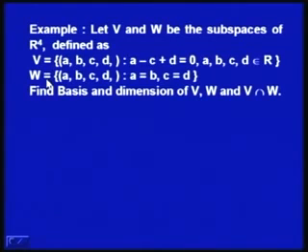The other subspace W is equal to (a, b, c, d) following this constraint: a is equal to b and c is equal to d. So, the question is find the basis and dimension of V, W and V intersection W.